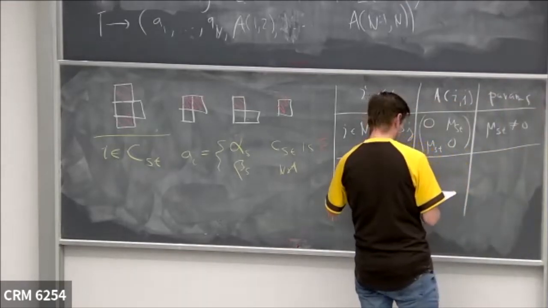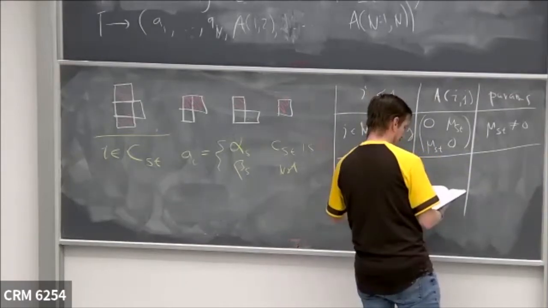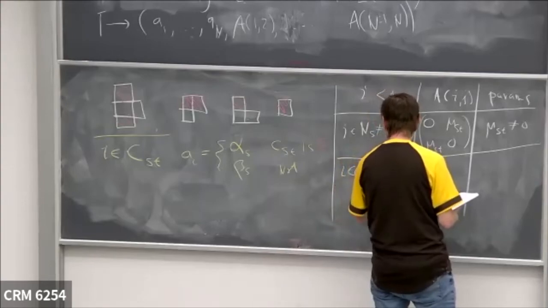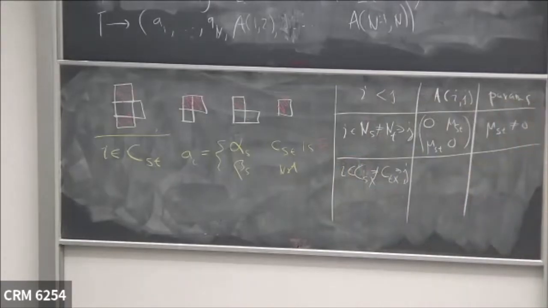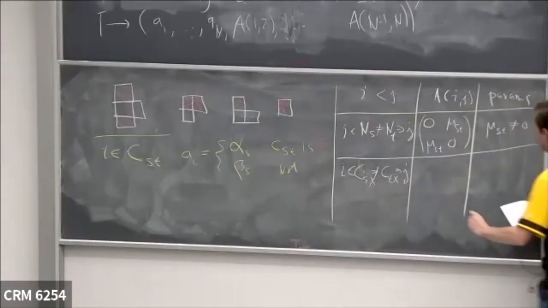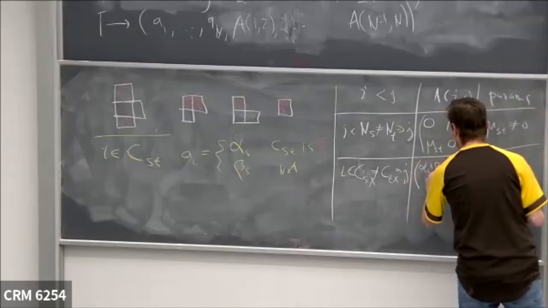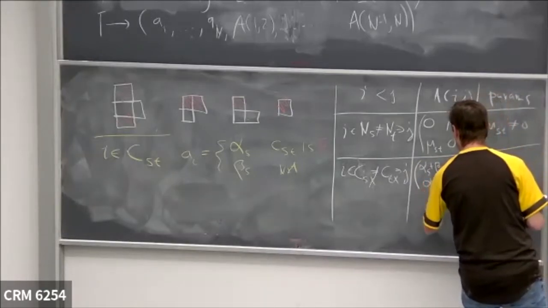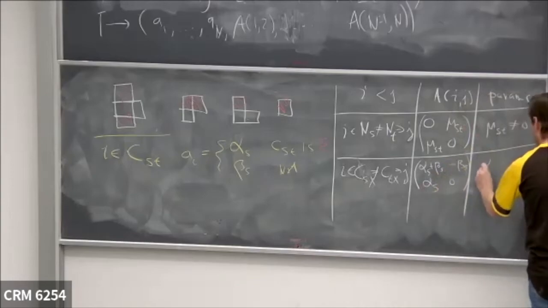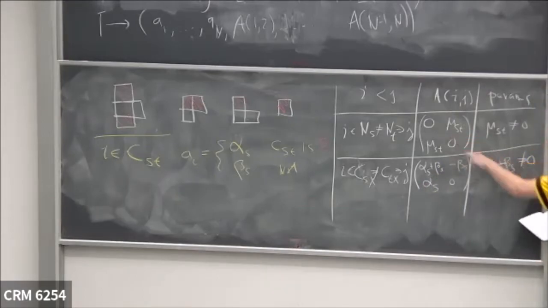If i is in county S_X, which is not equal to county T_X, and j is in there, so they're in the same nation but different counties, here's the matrix: alpha_S plus beta_S, minus beta_S, alpha_S, 0. And there's a condition that alpha_S plus beta_S should be non-zero. Otherwise it looks more like that one.